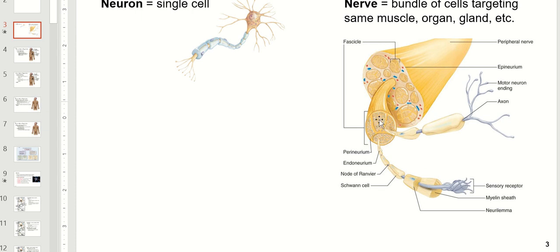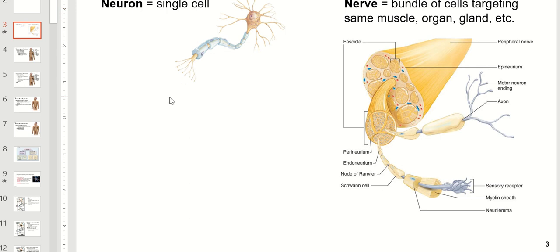And the neuron is going to carry signals, a lot of signals. Each neuron carries signals in one direction. It is going to go from the dendrites into the cell body, down the axon, out the axon terminals, and out the synapse.